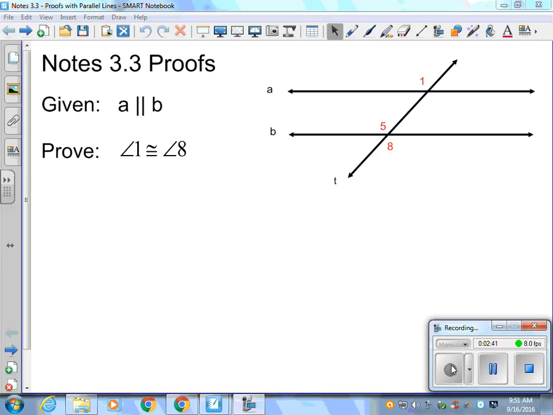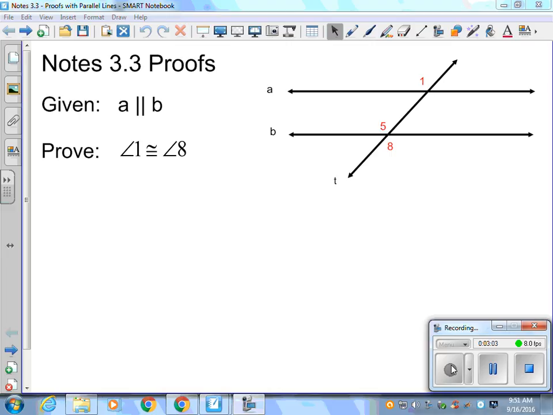So that's what we're going to look at in this question set: what do I know about corresponding or supplementary or vertical angles? And maybe those can help me determine that 1 and 8 really are equal. Same side interior, I'll call it that. Can't think of the other word today.